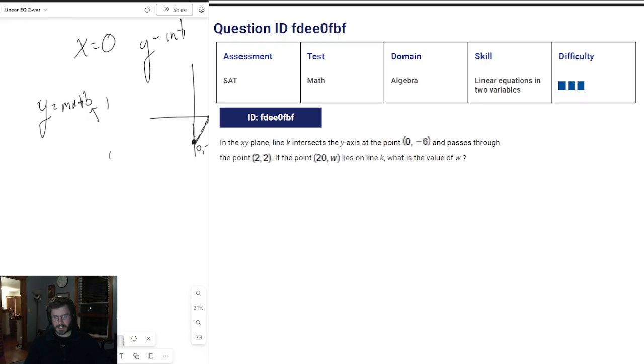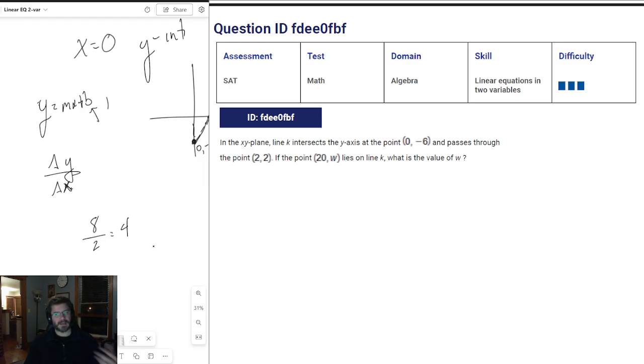And the slope, I'm going to zoom in a little. The slope can be easily found by taking the change in the y values divided by the change in the x values. A lot of people mix this up. Make sure that you got your y's over your x's. So to find that slope, we're going to take the difference between 2 and -6, that's 8. And the difference between 2 and 0, of course, is 2. That's 4.